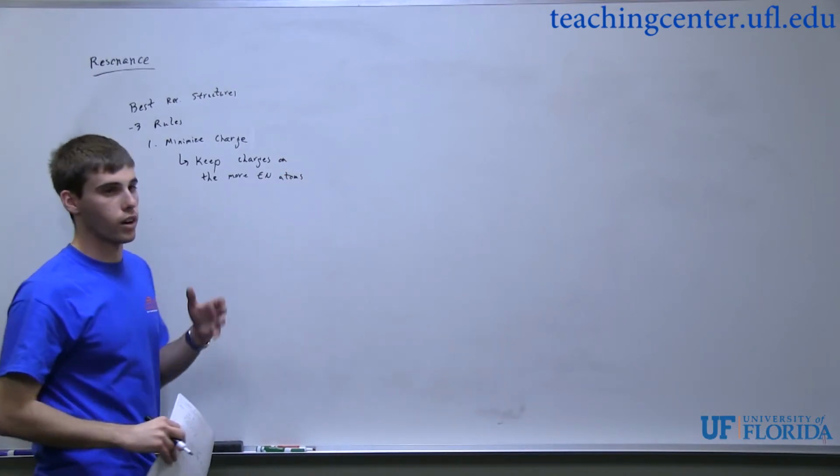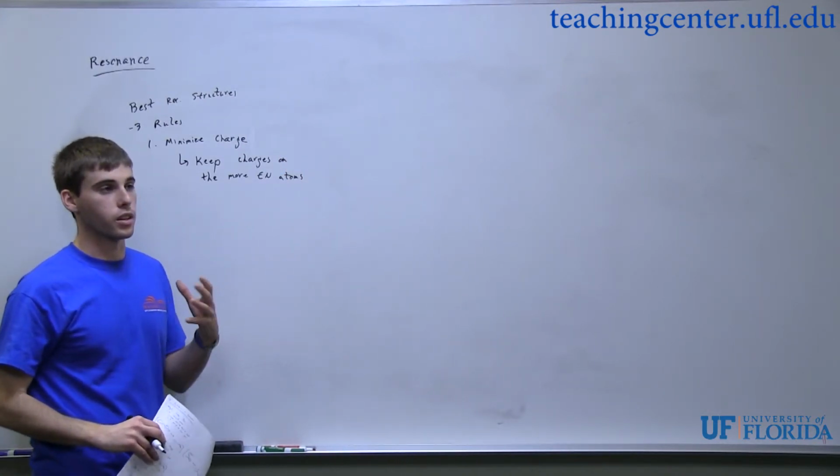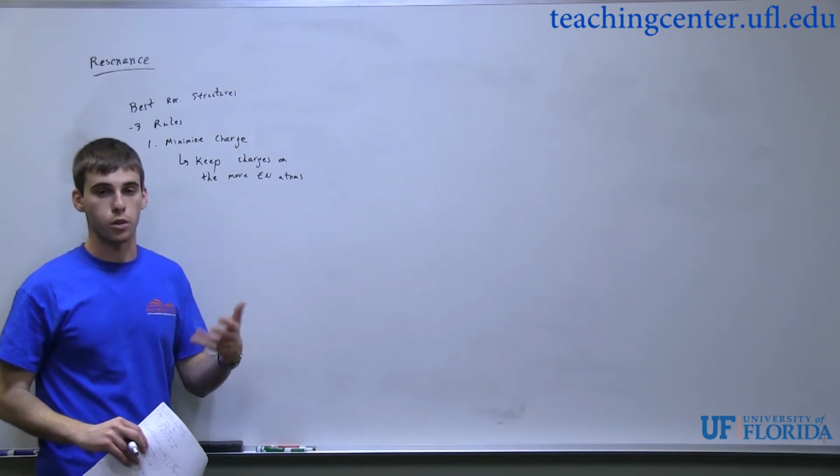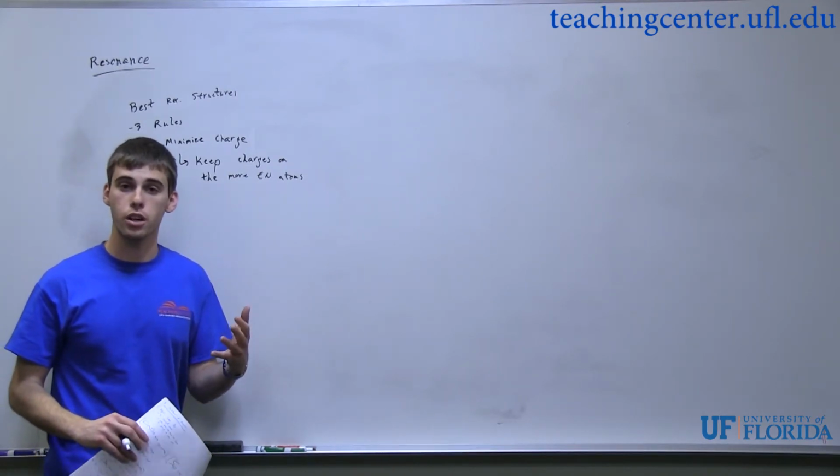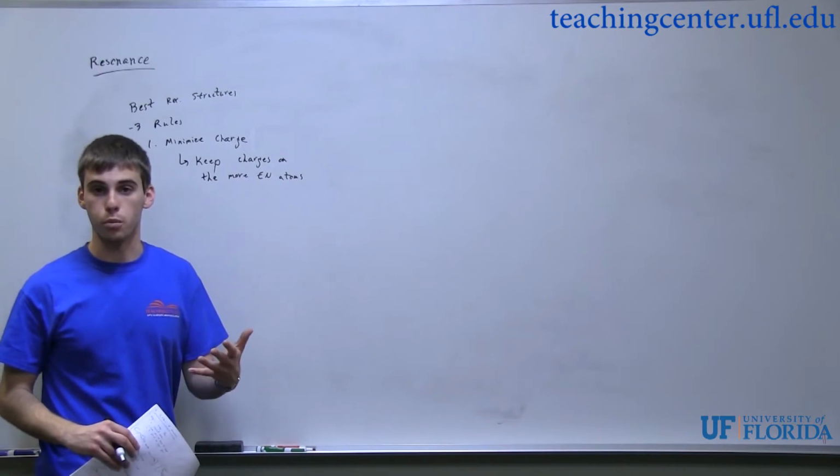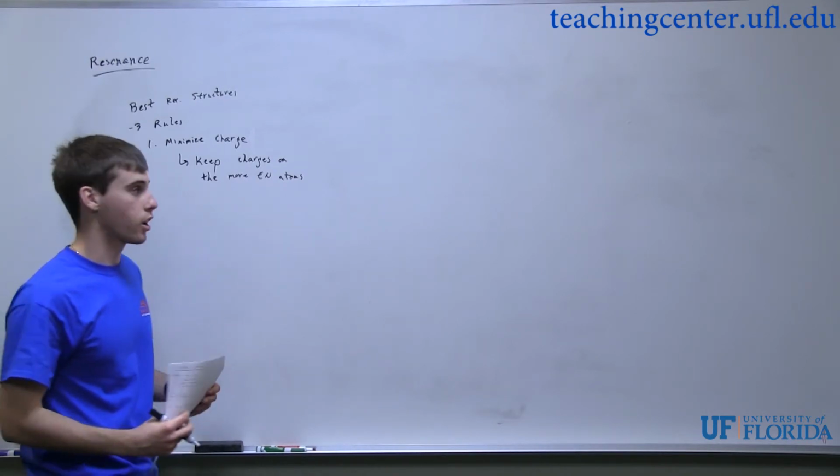So if you have oxygen and carbon, if you can generate a resonance structure that has a negative or positive charge on that oxygen as opposed to carbon, that's going to be a bigger contributor than the one that has a charge on the carbon.